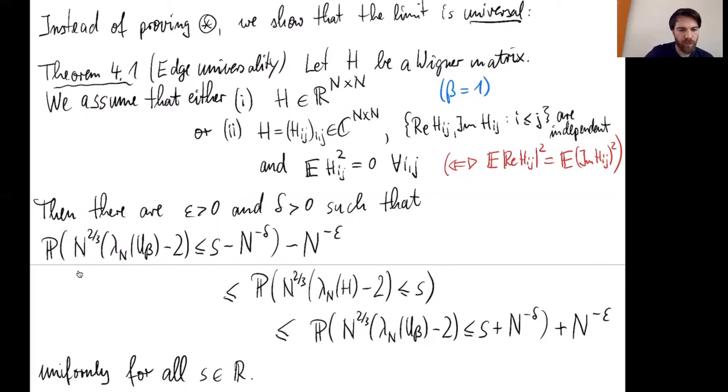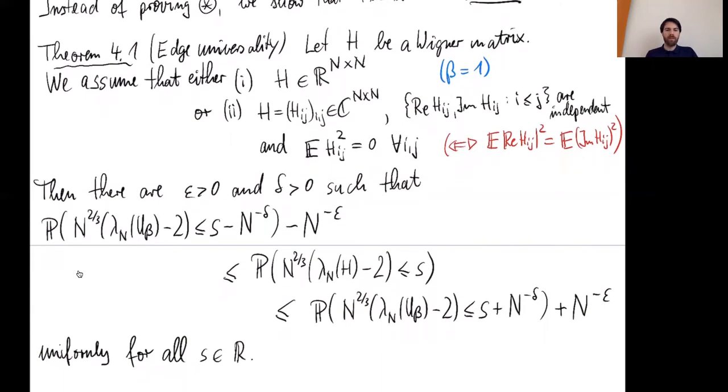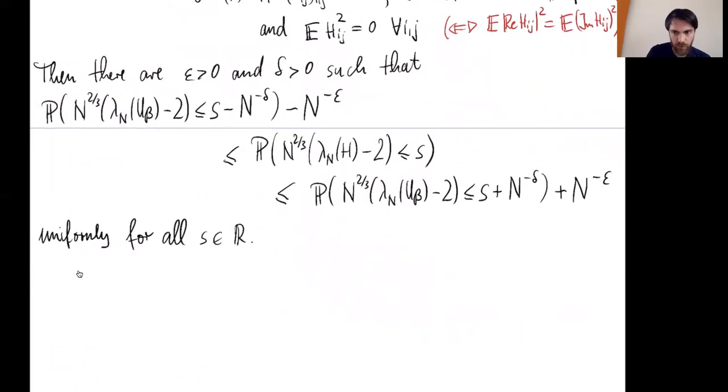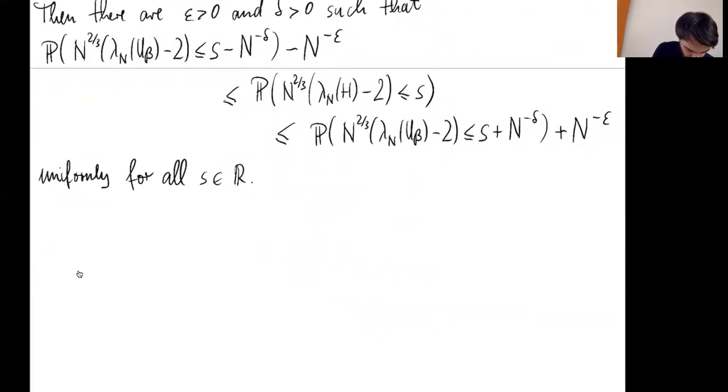And then the first remark is that, of course, this is enough together with star, we get that also this here converges to the Tracy-Widom distribution, because the F beta is continuous. So I guess this you can all convince yourselves easily.